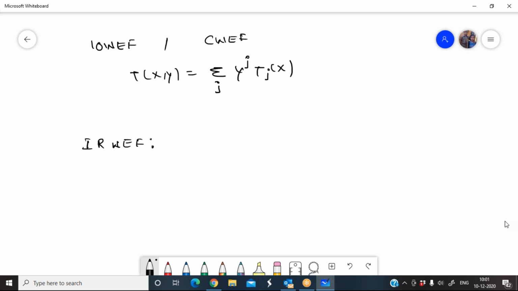I want the weight of the parity bits, but you can't get it directly. The output sequence contains input bits as well as parity bits. That's why I want to separate input and parity. So input and redundancy. That's why your heading is input redundancy weight enumerating function.